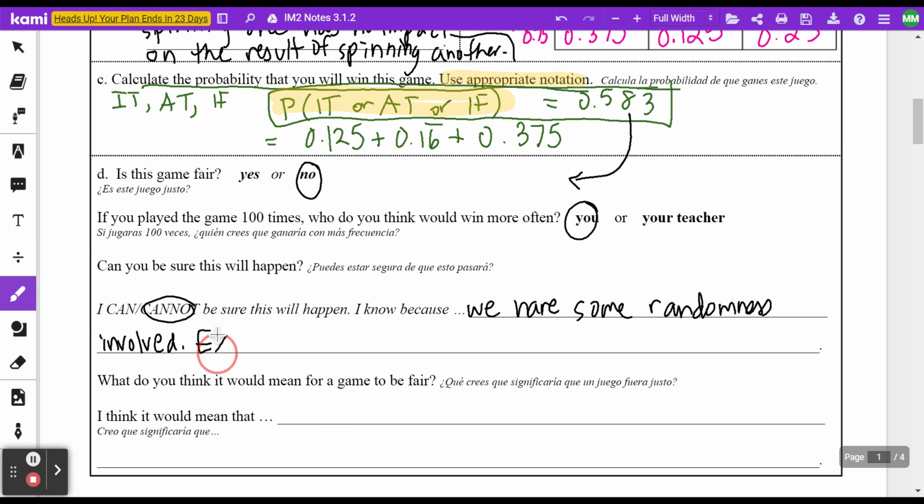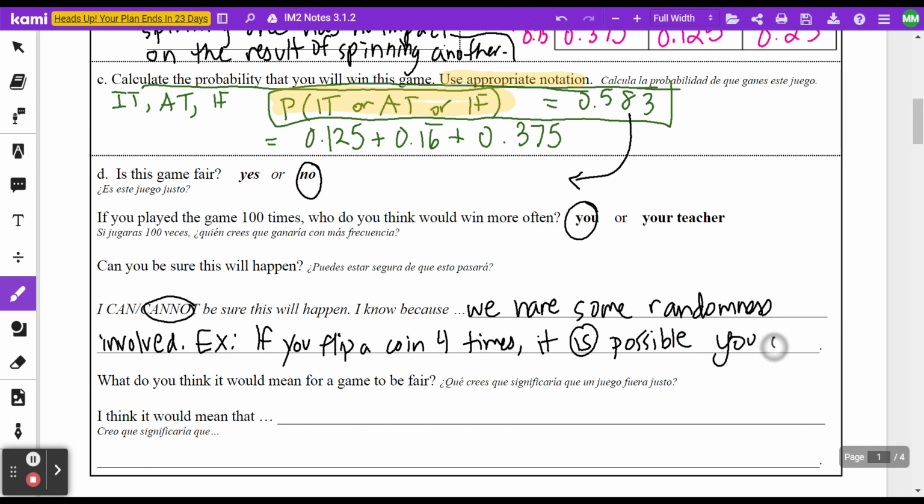For example, if you flip a coin four times, it is possible you could get four heads.